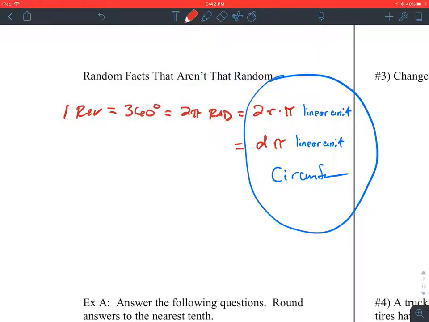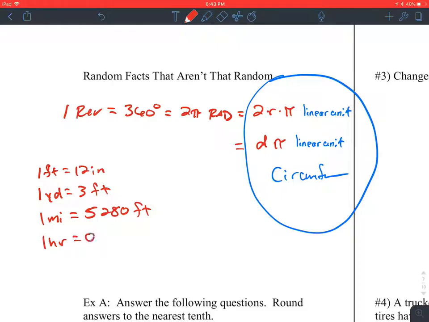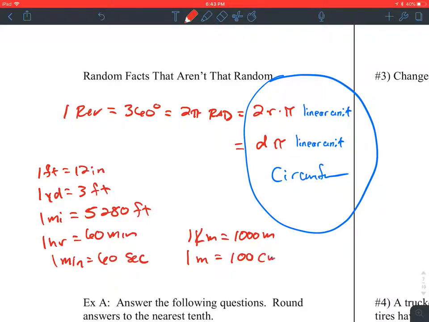Other facts that you should know, being an American. 1 foot is equal to 12 inches. 1 yard is equal to 3 feet. 1 mile is equal to 5,280 feet. 1 hour is 60 minutes. 1 minute is 60 seconds. 1 kilometer is 1,000 meters. 1 meter is 100 centimeters.